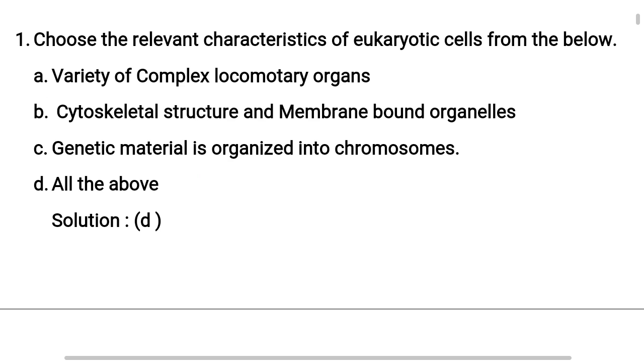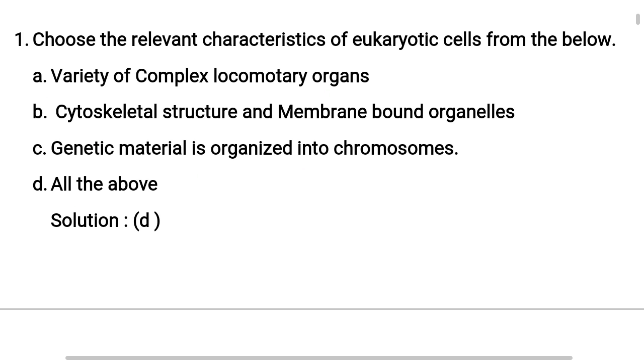Right? So, now let's learn in detail about this question. Variety of complex locomotor organs and cytoskeleton and membrane-bound cell organelles like nucleus, mitochondria, chloroplasts in plant cells, and genetic material is organized into chromosomes. Those chromosomes consist of DNA.